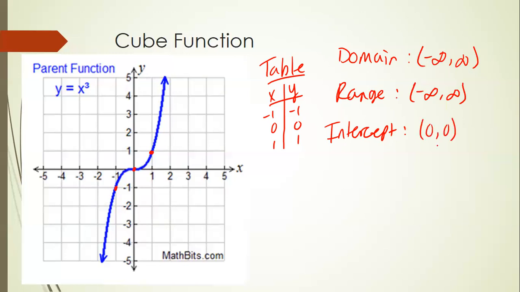(0, 0). Okay, this is important for a cube function. The reason why it's important is because it has a special type of symmetry. All right, our symmetry is called rotational symmetry.